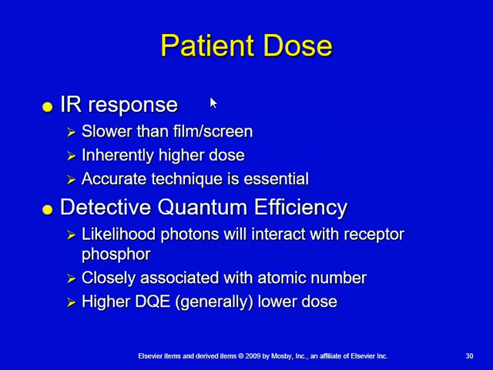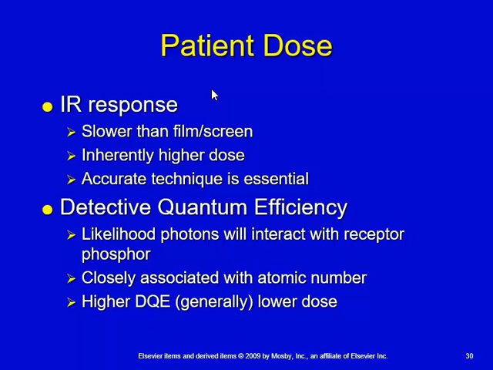The problem that we ran into once we got to CR is that because we could post-process some of the density off of the image, or the density may not even show up on the image, and the only indication that you had overexposure to the patient was the S number, people started shooting naturally with higher doses, because if you shot too low of a dose to the patient, then again, you're at a position of garbage in equals garbage out.